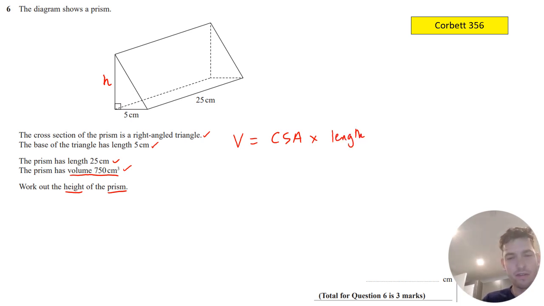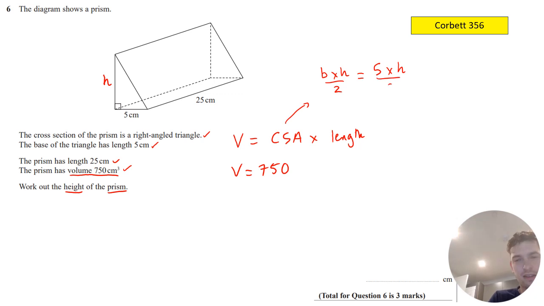Now, which of these things do I know? I know what the volume is. The volume is 750. Well, the cross-sectional area is the area of that triangle, which is base times by height divided by 2. Which of these things do I know? Well, I know the base, which is 5, but I don't know the height. The height was h.